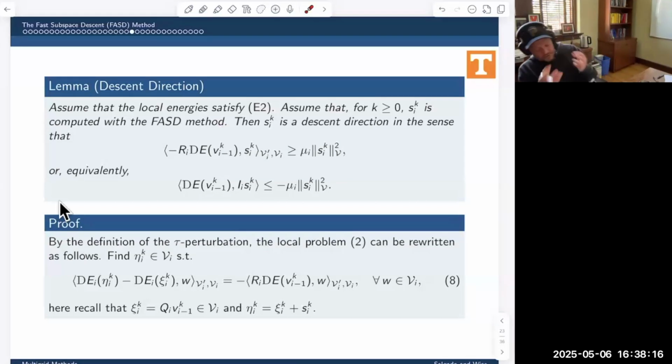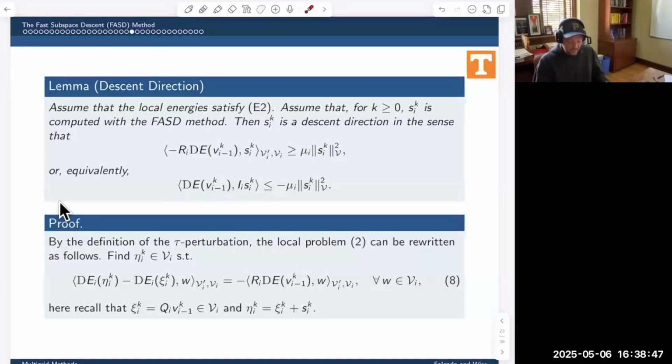So remember, we have a search direction, then we orthogonalize that, and that's the last step in that loop of the FASD method. Then it turns out this is a descent direction in the sense that this derivative here is less than this number. This number on this side is all positive numbers, okay? And so that says that this is negative.